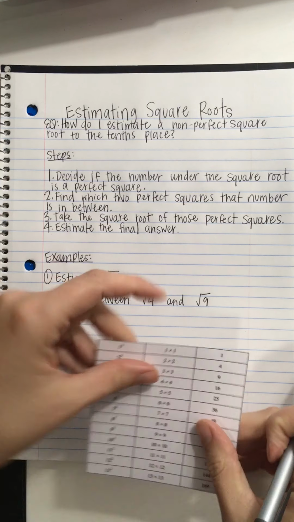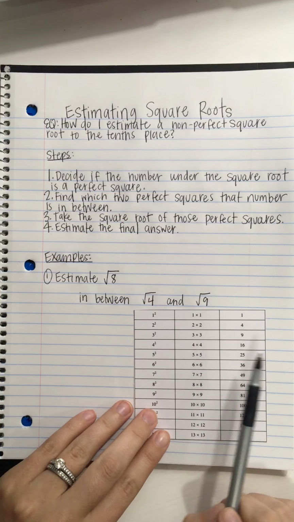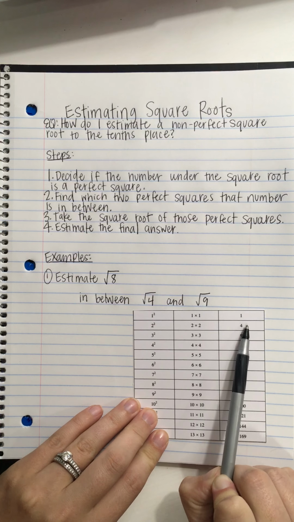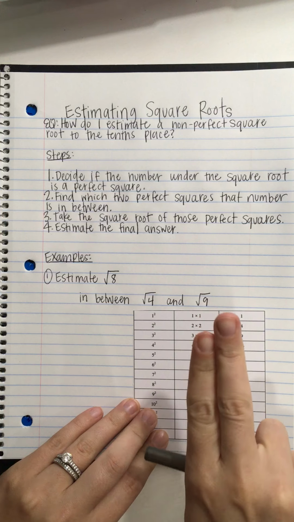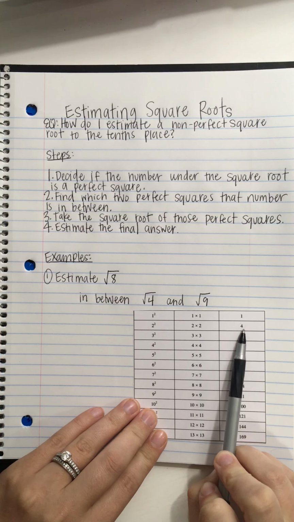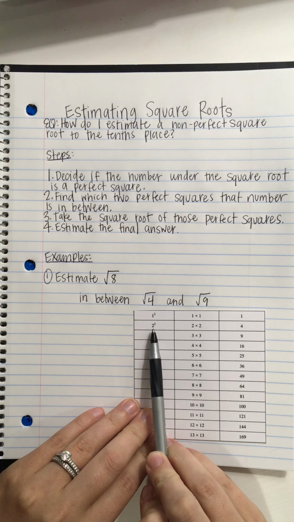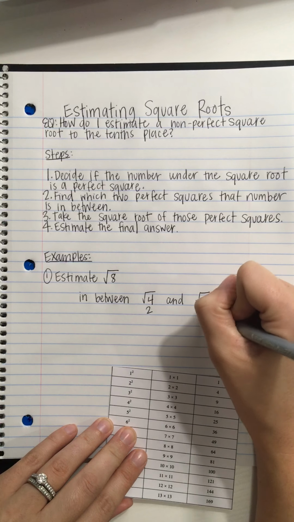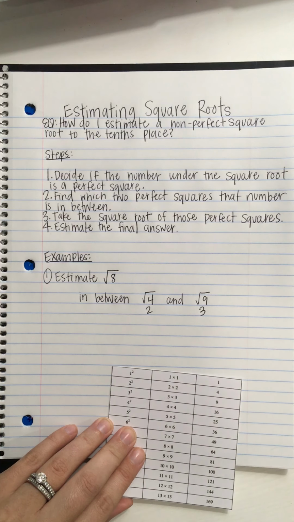Okay? Number 3, take the square root of these perfect squares. Okay? So, here's our list again. If 4 is a perfect square, we talked about square root of 4. Figure out what number times itself gives us 4. Well, if we take the square root, we know 2 is the square root of 4, because 2 times 2 is 4. So the square root of 4 is 2, and the square root of 9 is 3.